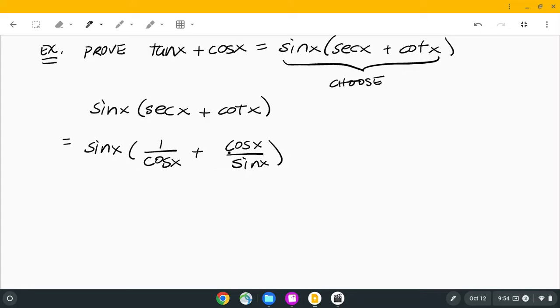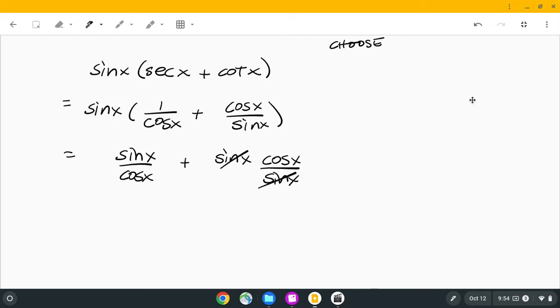So I'm going to multiply my sine x. If I distribute the sine x, I get sine x over cosine x. That's going to be my tangent. And then when I multiply sine x over here, they cancel. Let me do it one step at a time. So I get this, and they cancel.